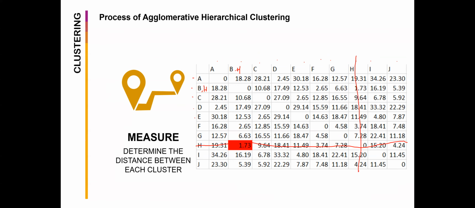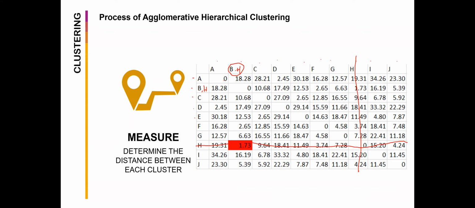All right, and then the update happens when we recalculate the distances, now from A, instead of to B: from A to cluster BH, A to C, A to D, BH to C, BH to D, BH to E. So now we have 2 points in one cluster. How do we determine which point we will measure for the distance?